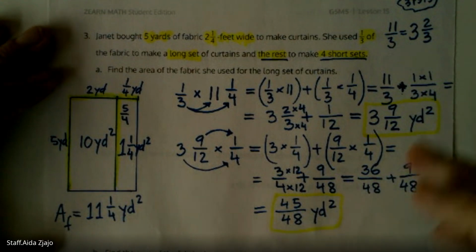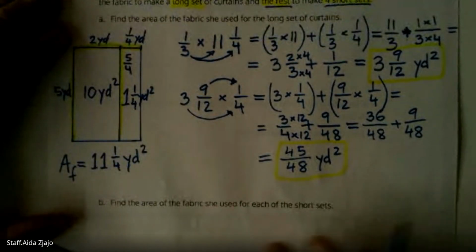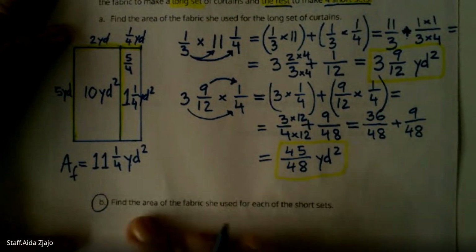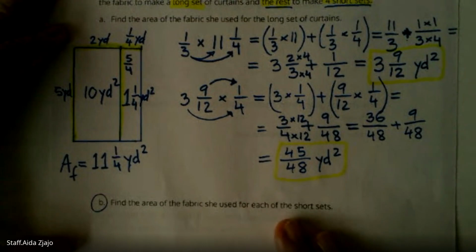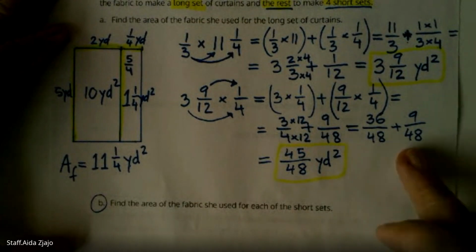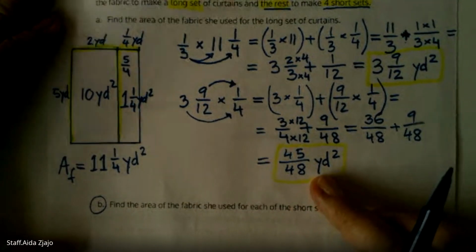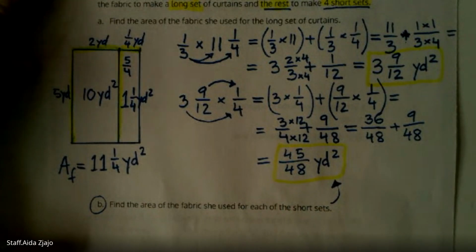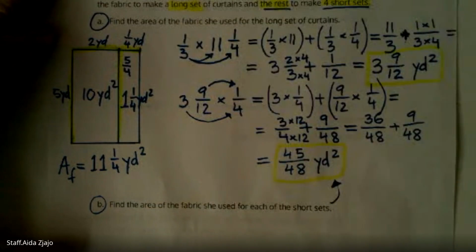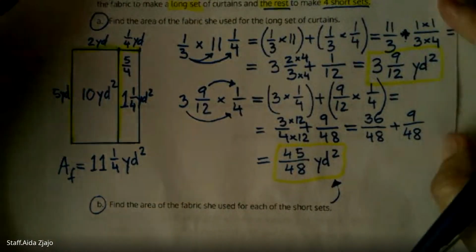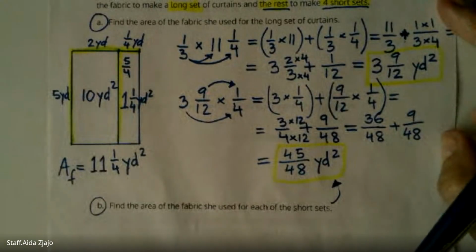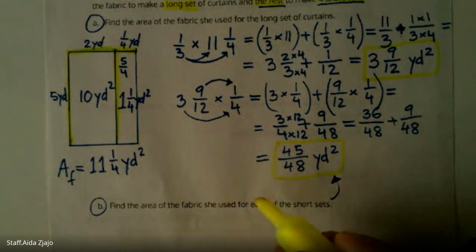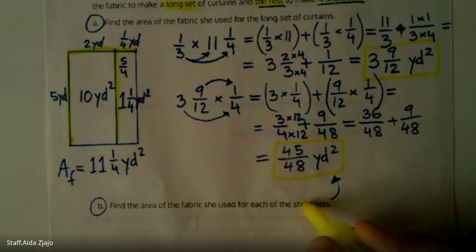I already solved the second problem here, because it was find the area of fabric she uses for each of the short sets. And that's what I came up with. So this is answer A, and this is answer B. Okay, so I can write: find the area of fabric she uses for each short set.